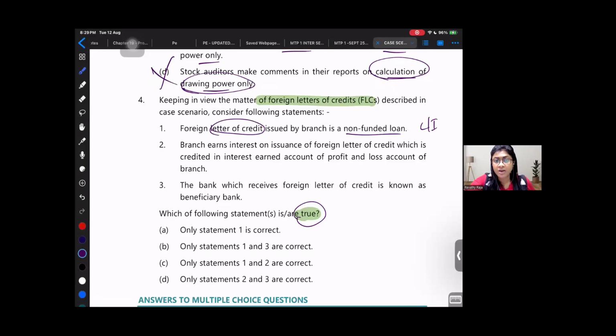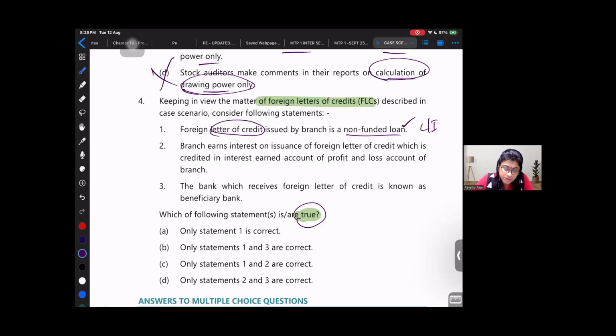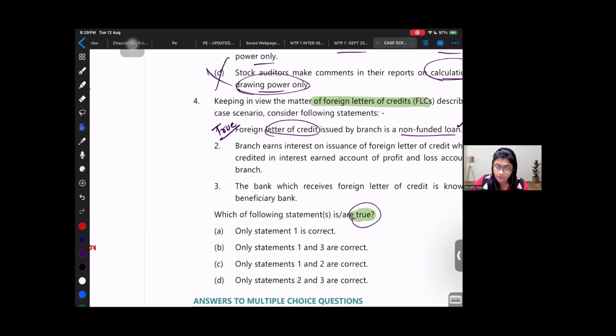LC and bank guarantee are examples of non-funded. Funded means movement of funds is there. Non-funded means no movement of funds. So this is true.